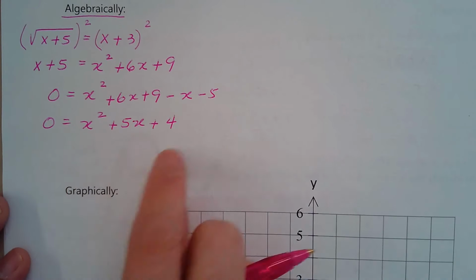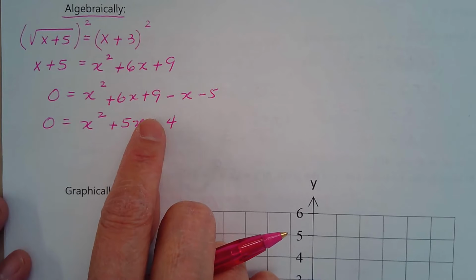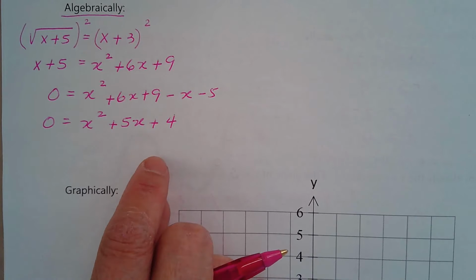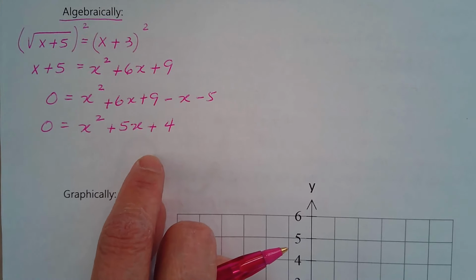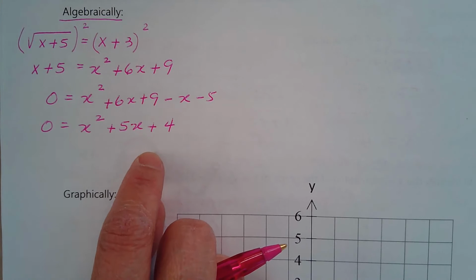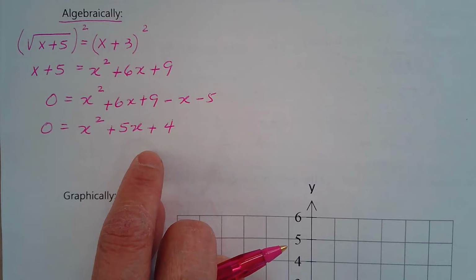So how do we solve this one? This is a grade 11 pre-calc topic, solving a quadratic equation. You can solve a quadratic equation by factoring. If it's easy to factor, let's factor. What's the other way? Completing the square. I'm not a fan of that, just to let you know.